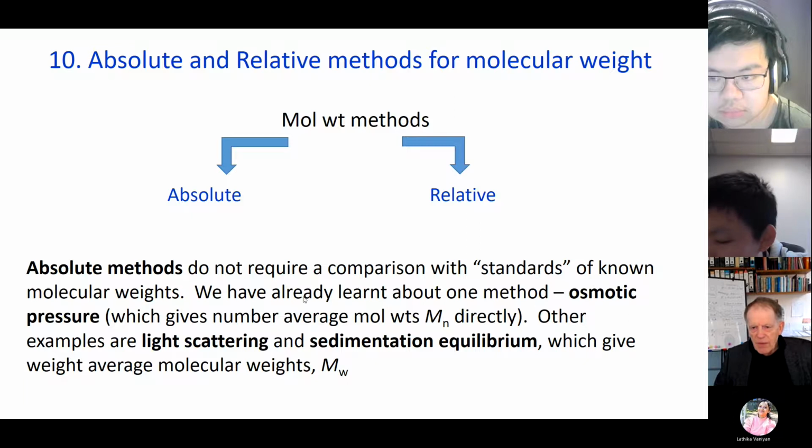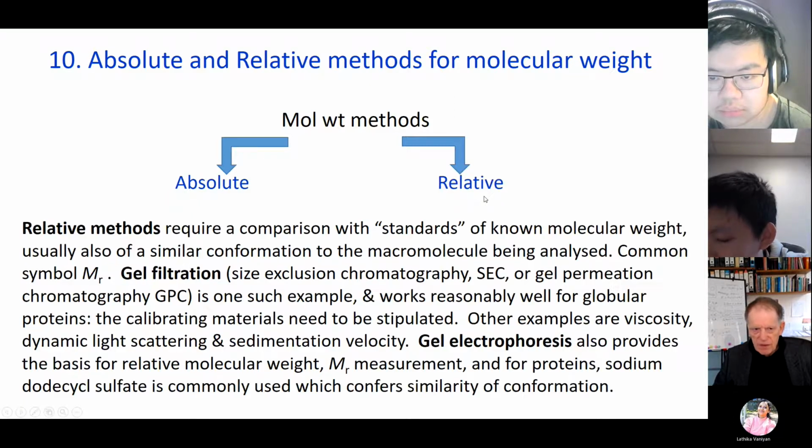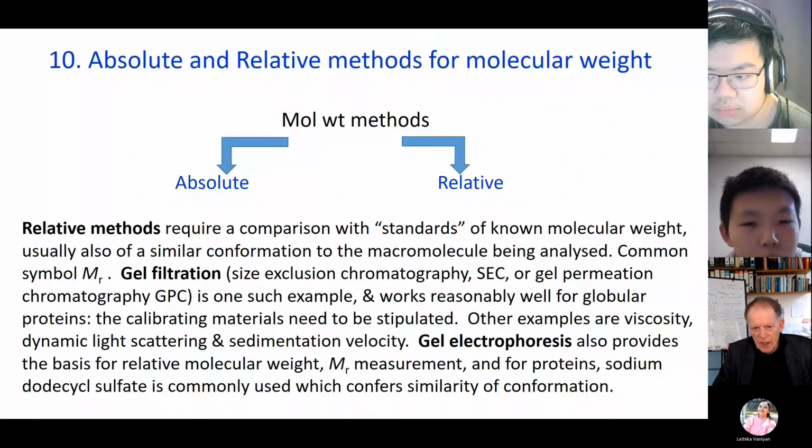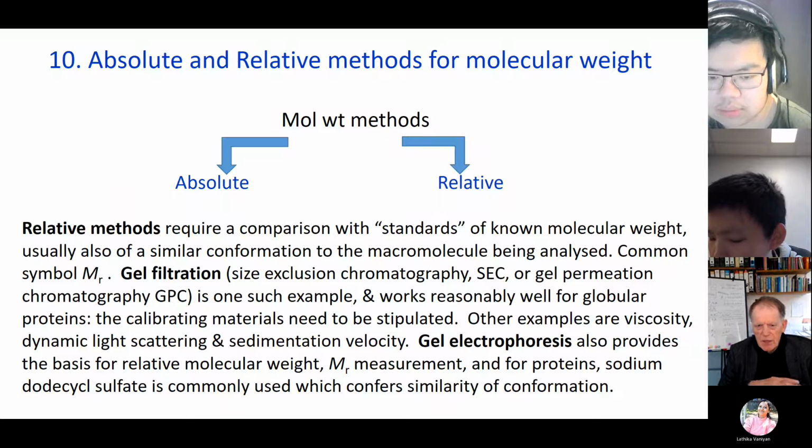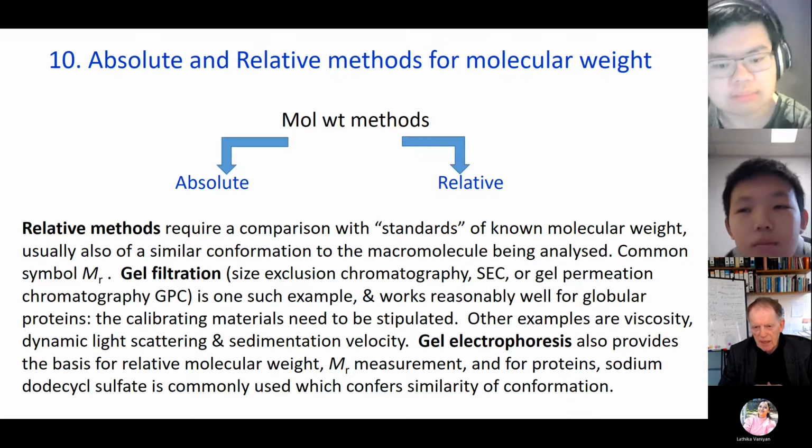The relative methods, they do require comparison with standards of known molecular weight, and usually also of a similar conformation to the macromolecule being analyzed, because these methods not only depend on the molecular weight of the molecules, but also on the conformation. So if we're using comparison standards, we need to have standards of the same or similar conformation to the macromolecule being analyzed.